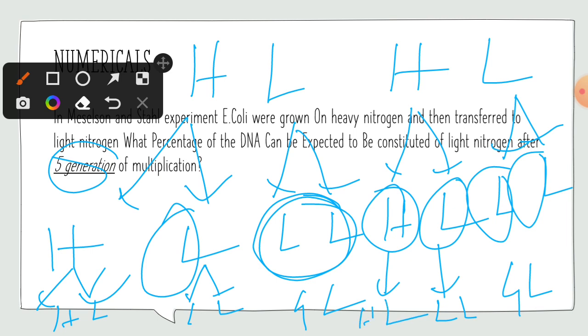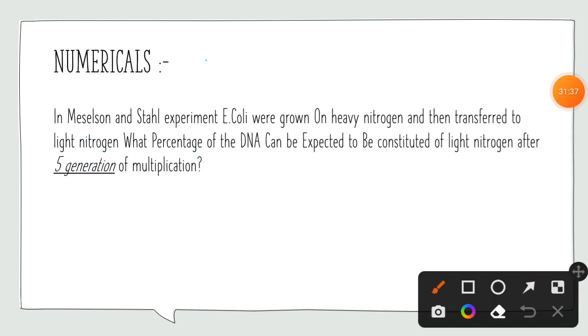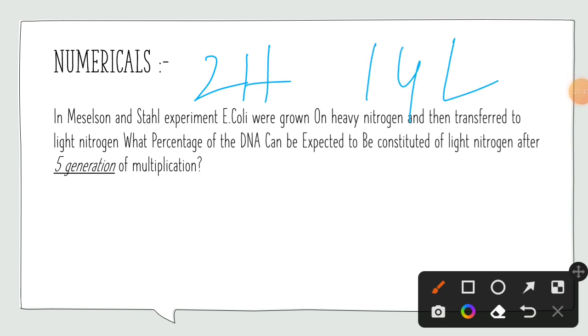So after the completion of the fourth generation we will get 14 light DNA and 2 hybrid double stranded DNA. So this is the ending of the fourth generation, right?